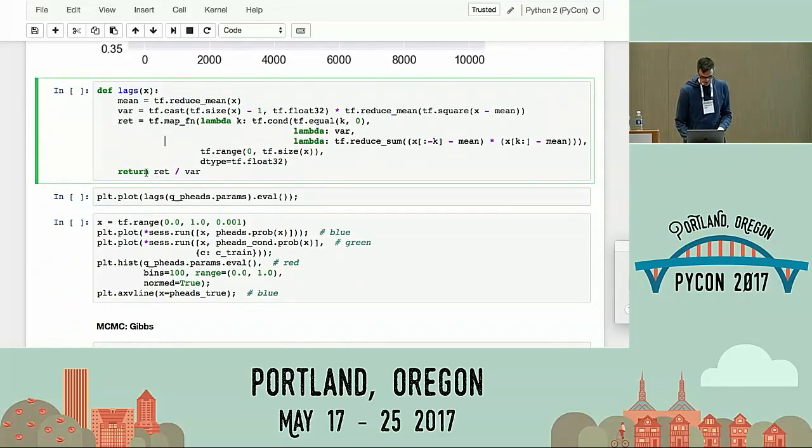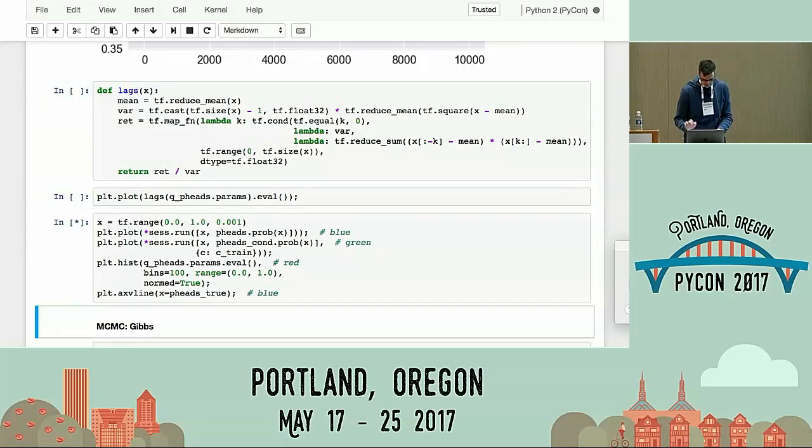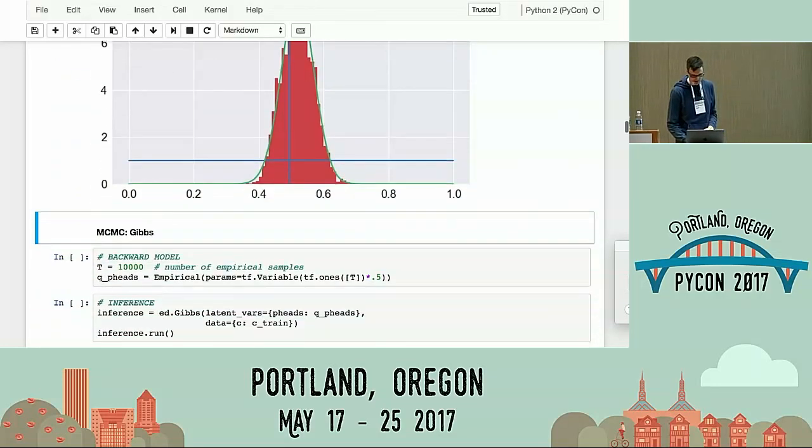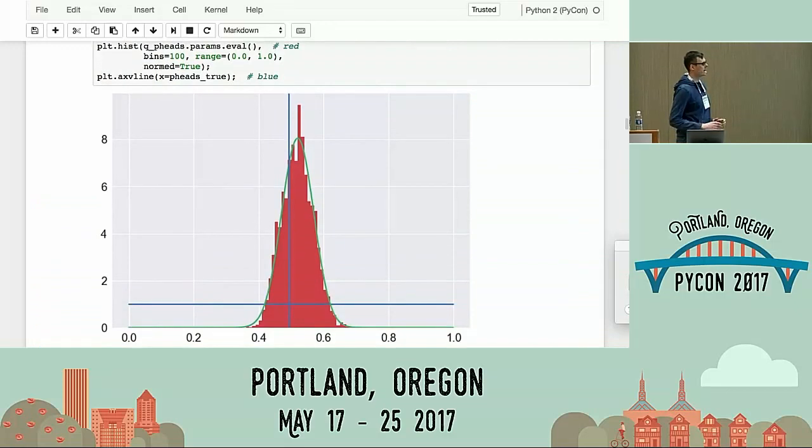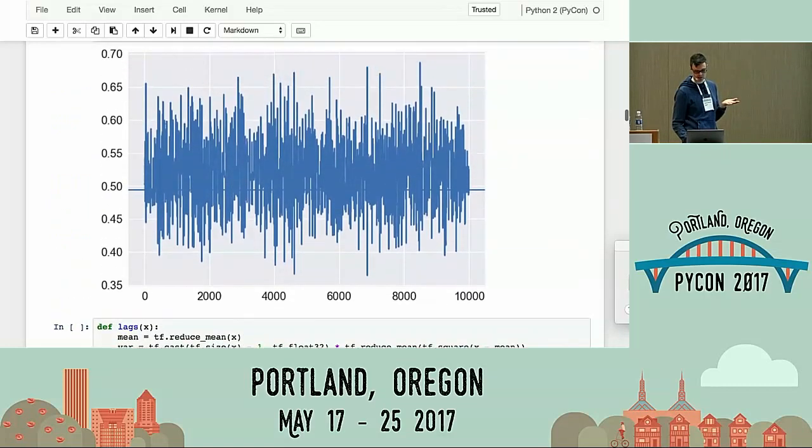And let me skip this lag thing for now, but just to prove to you that this actually approximates the posterior. I told you in the infinite limit, this trace plot of the chain becomes the posterior. And you do that by looking at horizontal slices through that, and you're counting how many points were there.